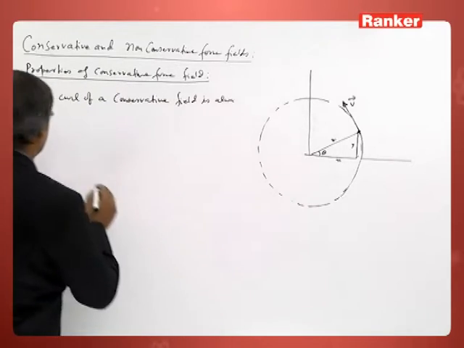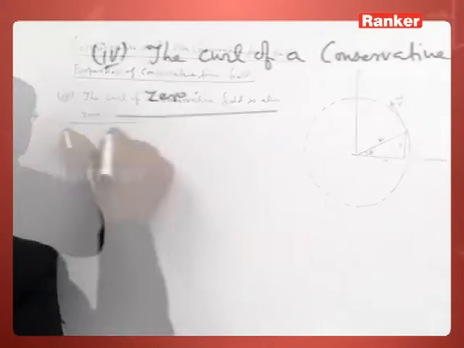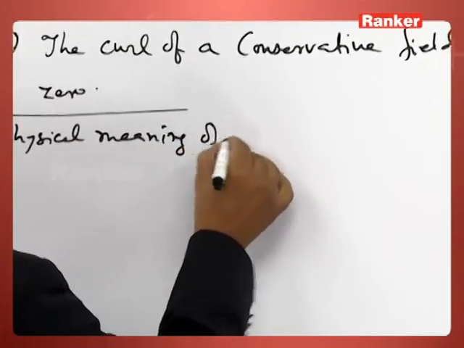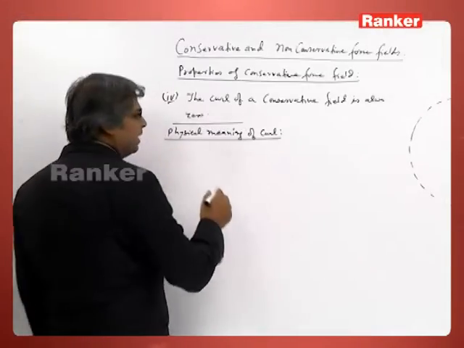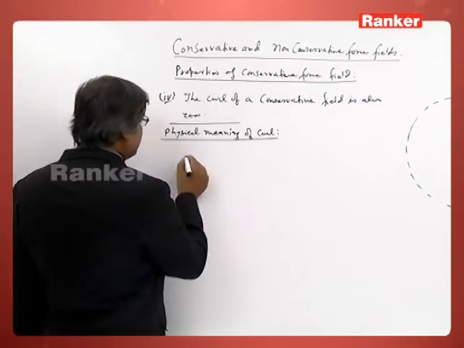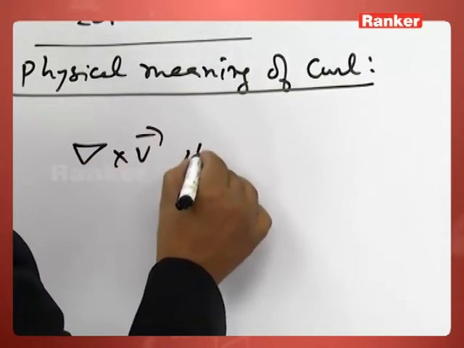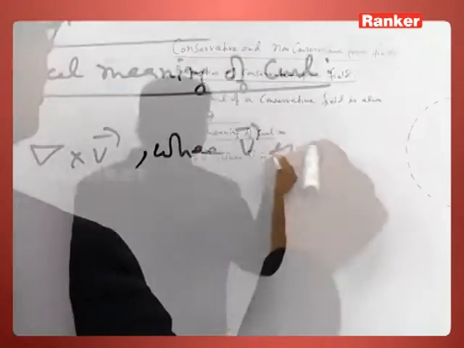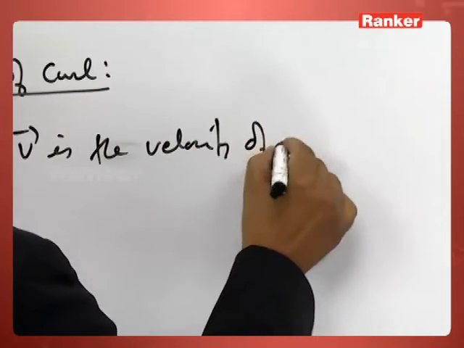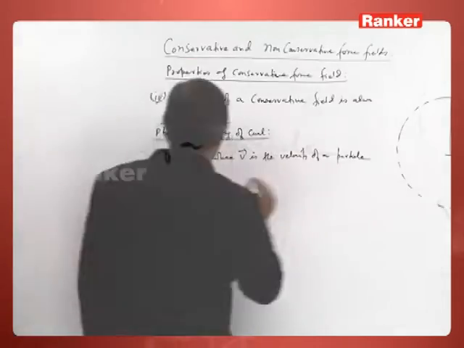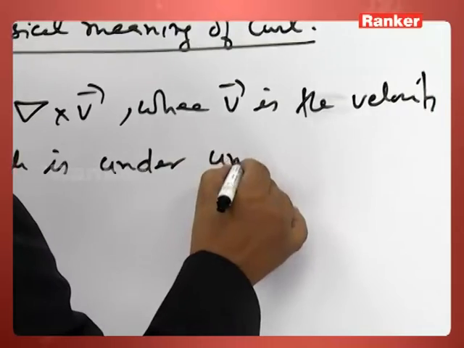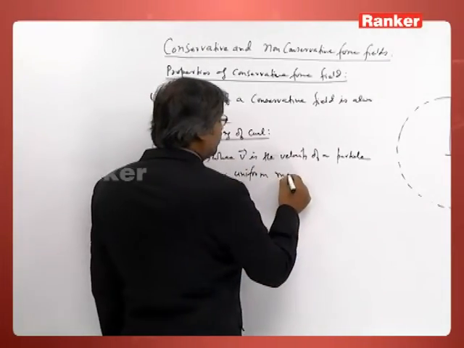So let us calculate now the physical meaning of curl. Suppose I want to mathematically understand what I am actually calculating when I calculate curl. Let us calculate curl of v, where v is the velocity of a particle which is under uniform circular motion.